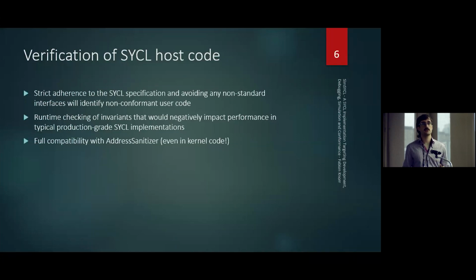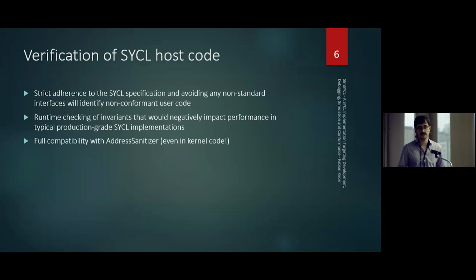A lot of the production grade SYCL implementations have additional member functions on some SYCL classes. An example is the property list, which doesn't have any member functions at all in the spec, but you can typically still call something like get property on those.